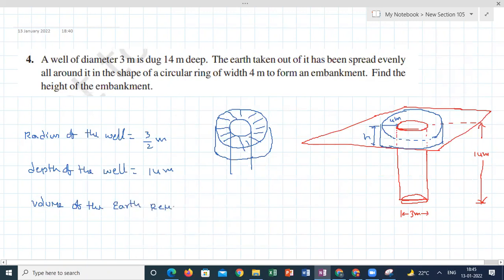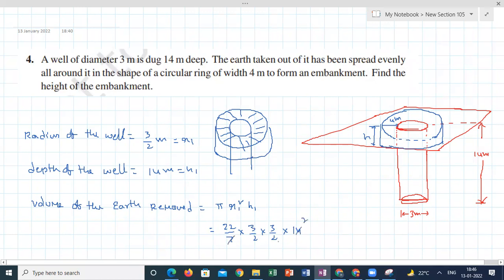So the volume of the earth removed. What is the volume of the earth removed? Pi r square h. Suppose this is r1, this is h1. Pi r1 square h1, which is equal to 22 by 7 into r1 which is 3 by 2 into 3 by 2 into h1 which is 14.